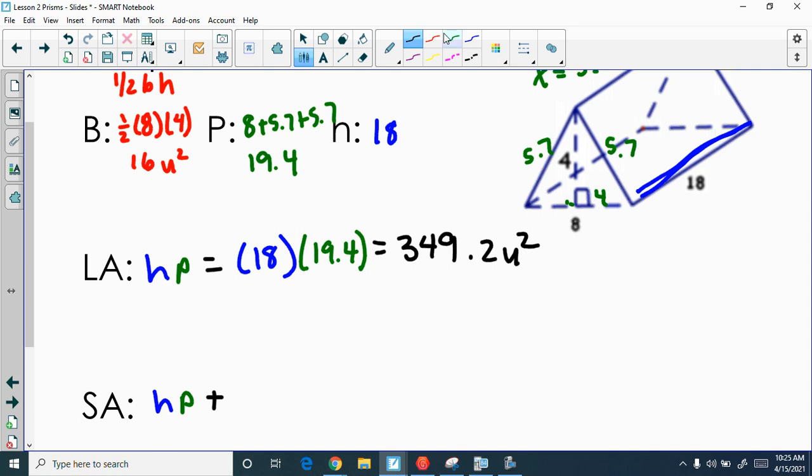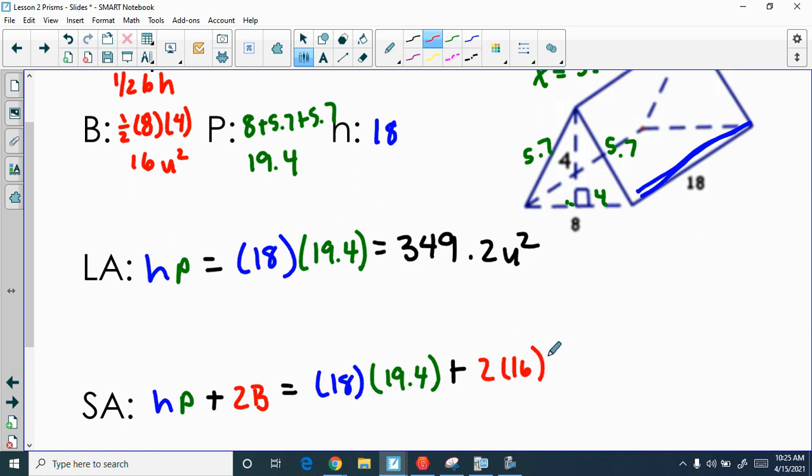For our surface area, we're going to do our height times our perimeter, oh, sorry, plus 2 times big B. So we're going to have 18 times 19.4 plus 2 times 16, which will give us 381.2 units squared.